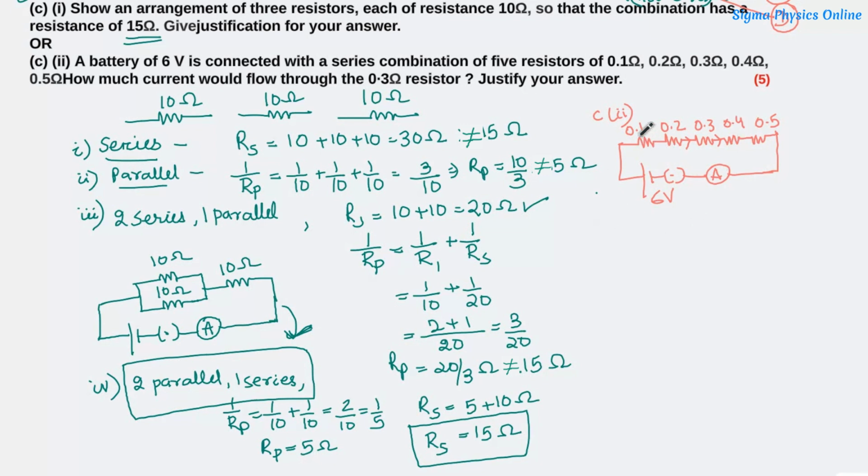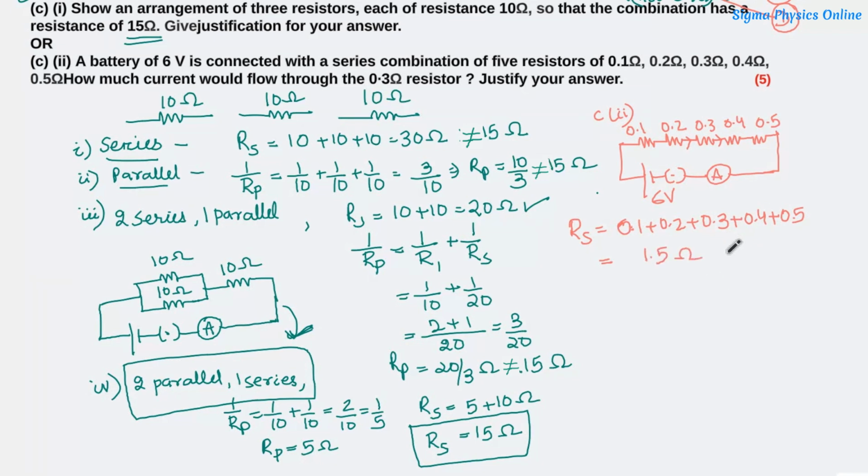Now the current flowing in the circuit will be determined by the overall resistance of this circuit. Let's find out the overall resistance by adding all the resistors together because they are in series. So Rs is 0.1 plus 0.2 plus 0.3 plus 0.4 plus 0.5, which gives us a total of 1.5 ohm resistance.